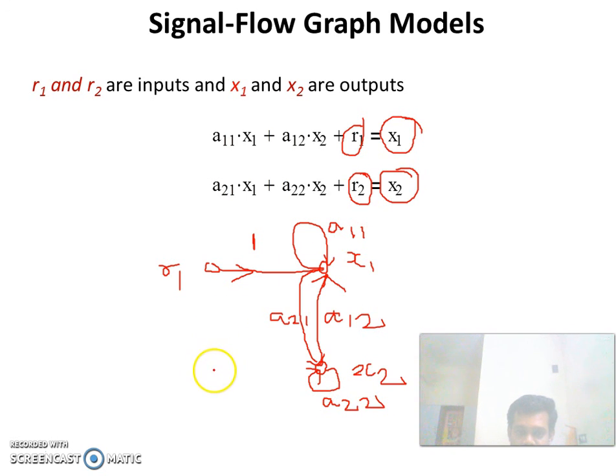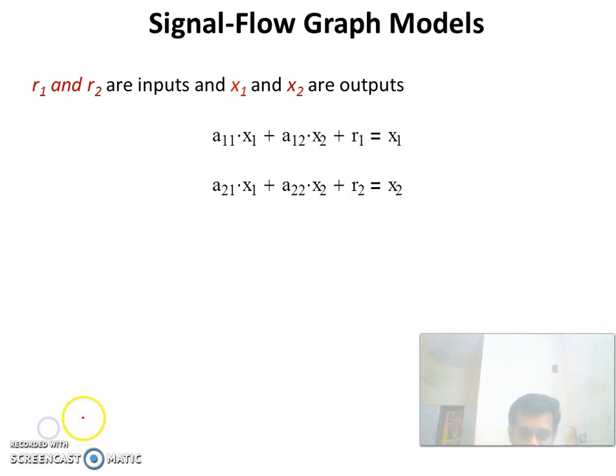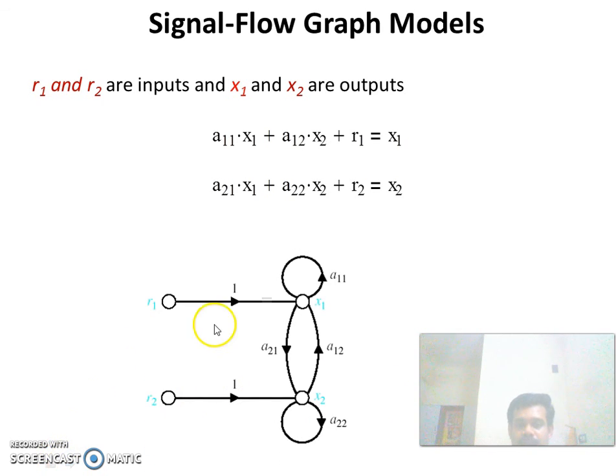Then plus R2. So here you take an input R2. You put the gain as 1. So this is nothing but the signal flow graph for this given equation. So we already drew it. This is the equation what you are getting for this one.